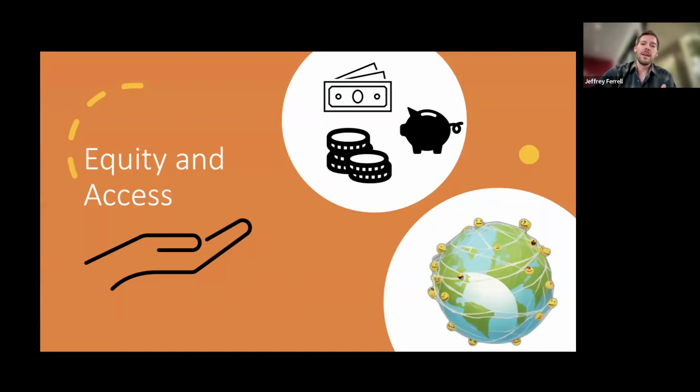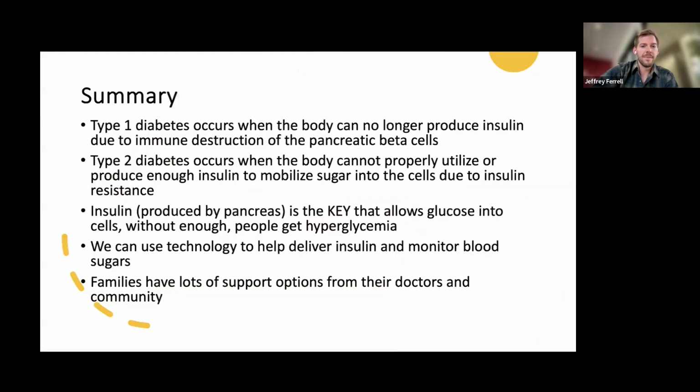And so we have a lot of work that we need to do on making sure that access to this type of care is equitable across all nations and for all people, despite socioeconomic status or where you were born, because the products that we have work and they're actually not that expensive to produce. It's just figuring out ways to get it distributed evenly.